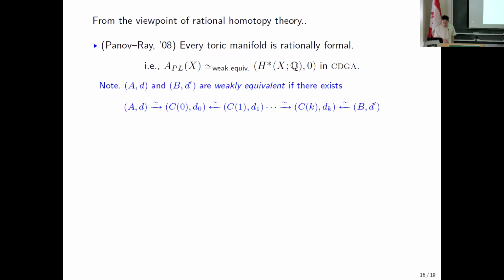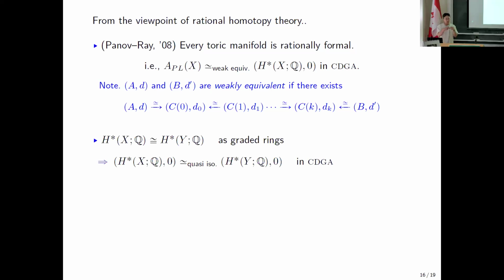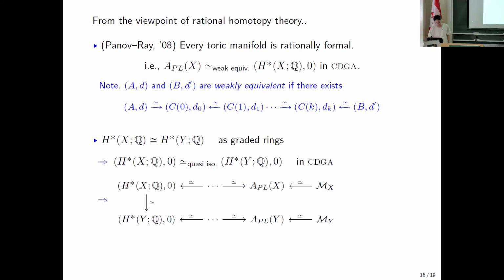What this rational formality implies is that the rational homotopy type is exactly determined by the rational cohomology ring, right? So if you have a graded ring isomorphism, then we can think of a quasi-isomorphism between these two with zero differential, in the category of commutative differential graded algebras.